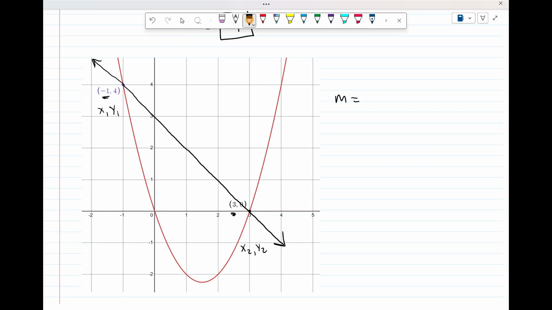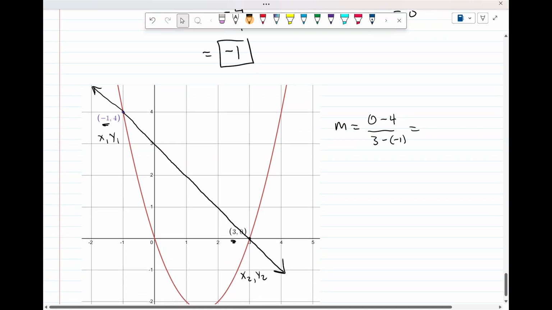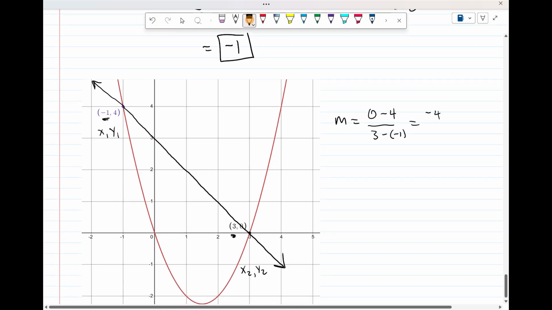So that would be 0 minus 4 divided by 3 minus negative 1. And you can see we basically get exactly what we had above. So that's going to be negative 4 divided by 4, which is negative 1.